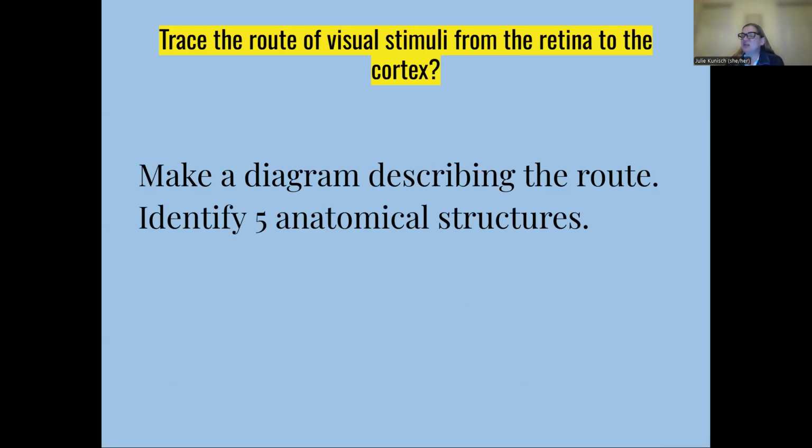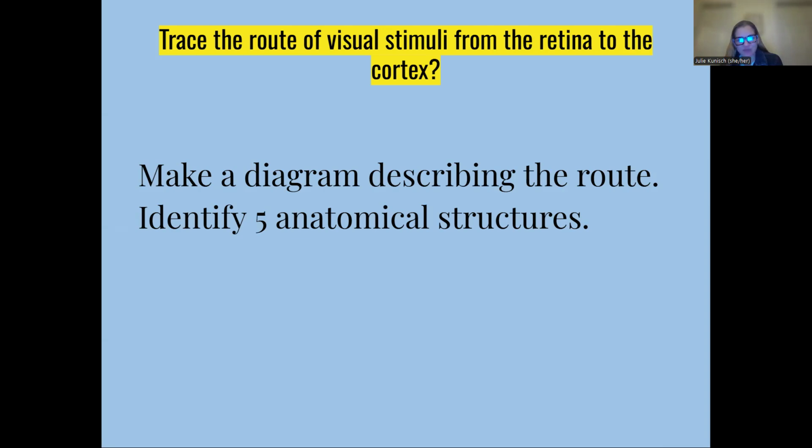Another very important thing for you to pull from your memory is the route of visual stimuli from the retina to the cortex. So if you're feeling crafty, this slide here is for you, and I know you did this at least in neuroscience. I'm pretty sure Connie does this in neuroscience, but I would like you to again take out a piece of paper and draw a diagram just for yourself, starting with the eye.